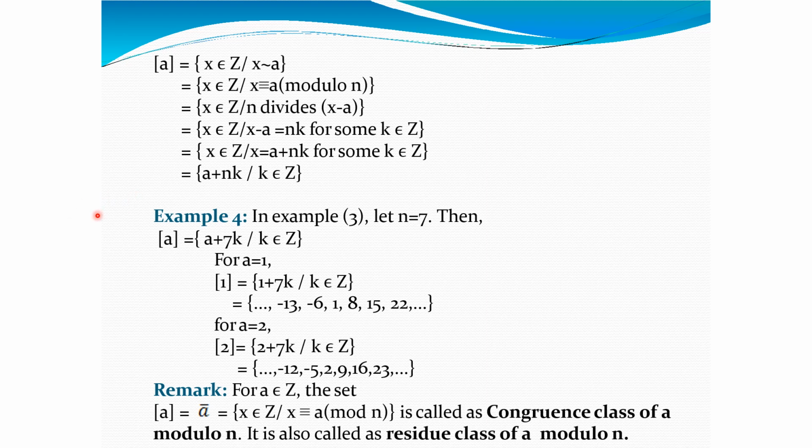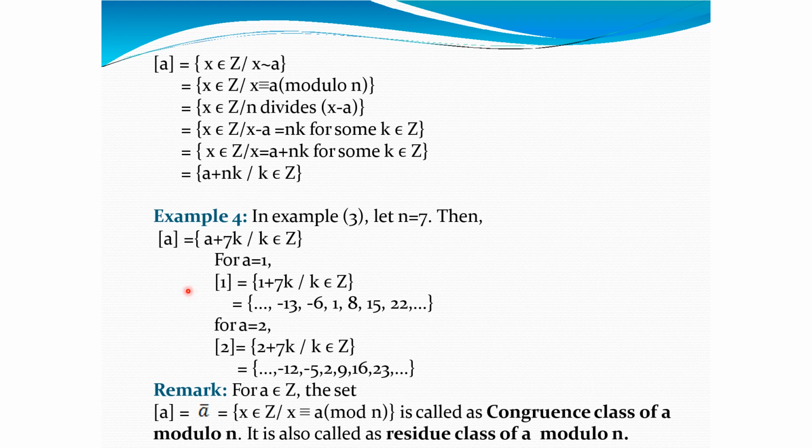Again, by taking particular values of A, we can find the equivalence class of every element of Z. For example, if I take A equal to 1 here, then the equivalence class of 1 will be 1 plus 7k, k in Z. Now as k is varying over the set of integers, take k equal to 0, 1, 2, 3 and so on, minus 1, minus 2, minus 3 and so on.